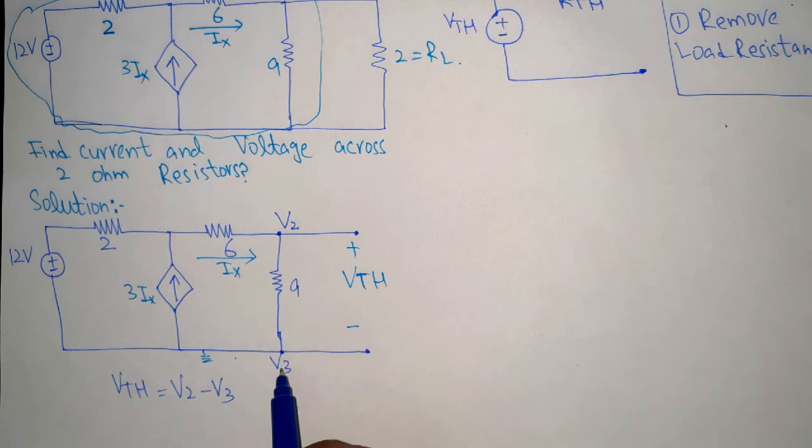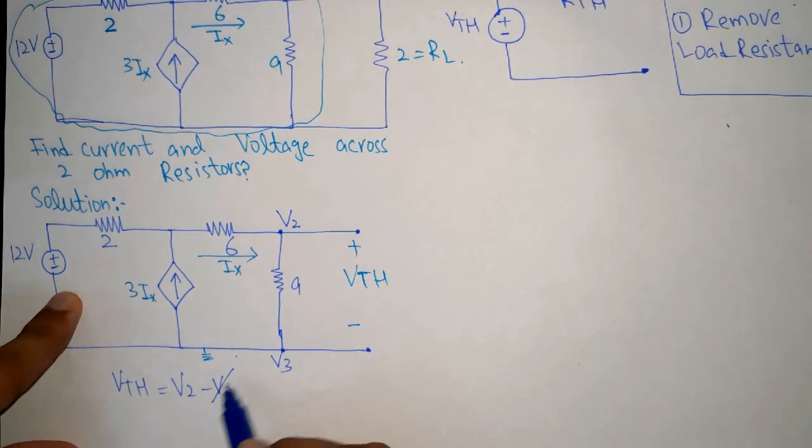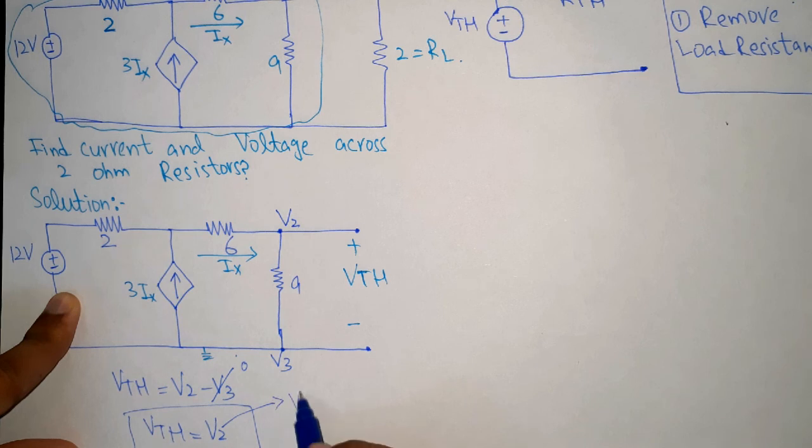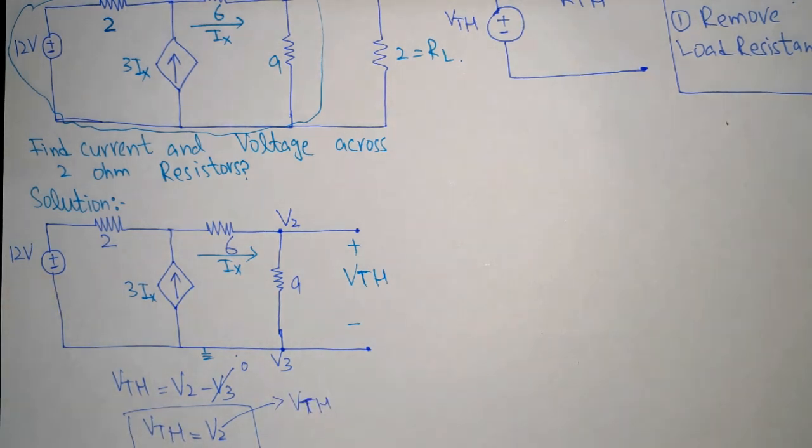As we know that V3 is connected to ground, it will be equal to 0. So V Thevenin will be equal to V2. Our main aim is to find this voltage, which will be V2.